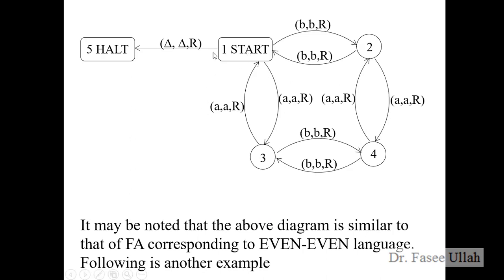In the start we also have, on the left side, a stop, meaning the halt of the machine. Why has it placed the halt over here? If we know the definition of even, 0, 2, 4, 6, 8 come in the even language. That's why it has been put very close to the start.